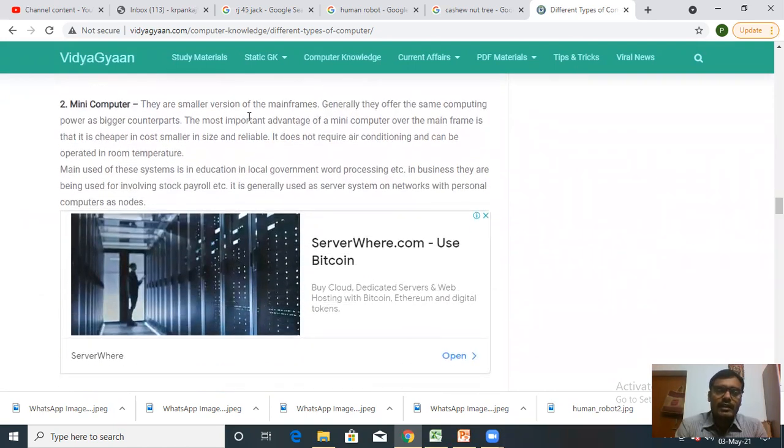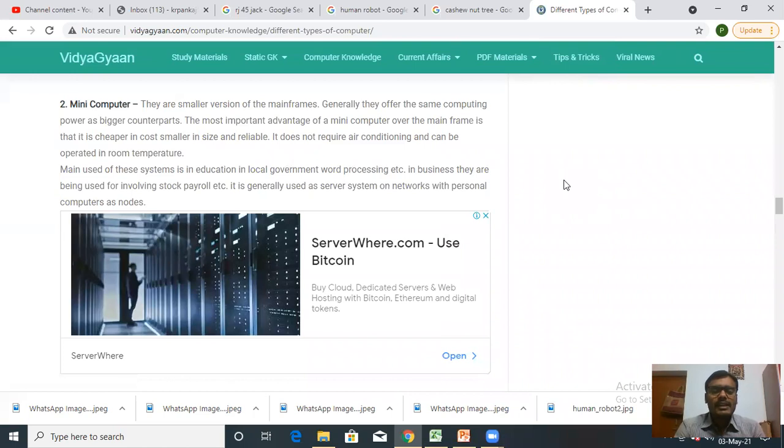They are smaller versions of mainframe computers, and they have more processing power than microcomputers. Generally, they offer the same computing power as bigger counterparts. The most important advantage of a mini computer over a mainframe computer is that it is cheaper in cost, smaller in size, and reliable.